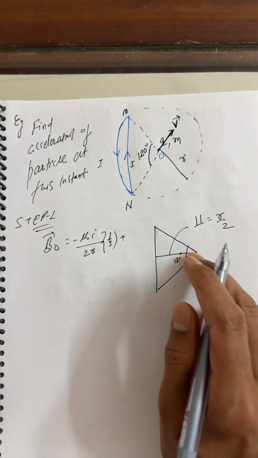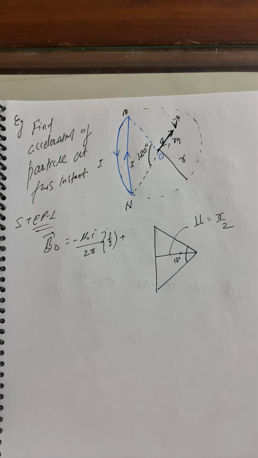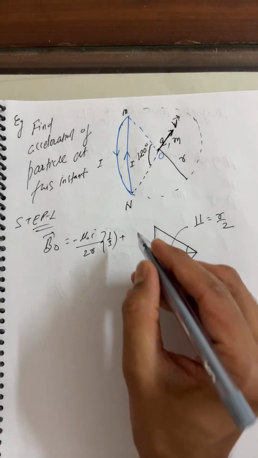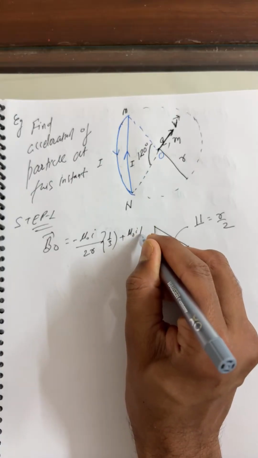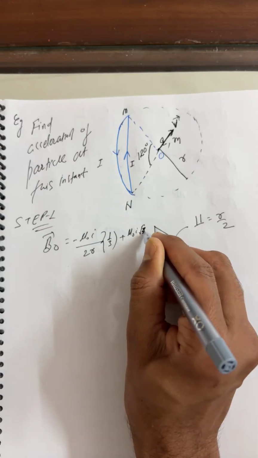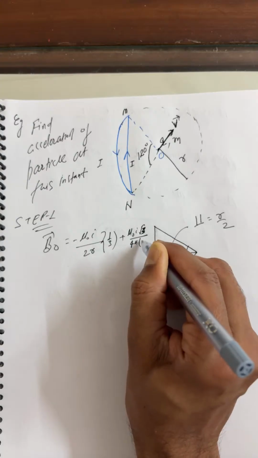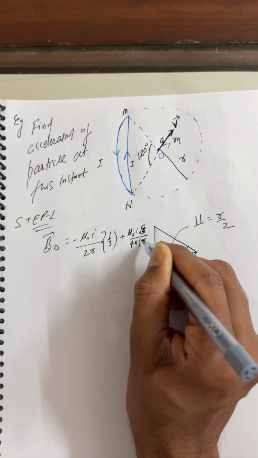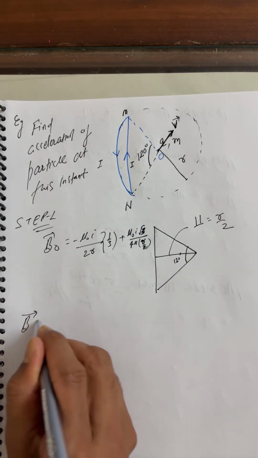This is due to the current carrying loop, because there are two things, one for the loop and one for the current carrying wire. So this is plus mu naught into I root 3 by 4 pi R by 2. I'll write again, beta. There is not much space here.